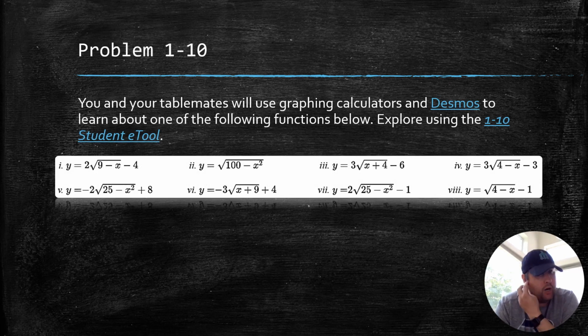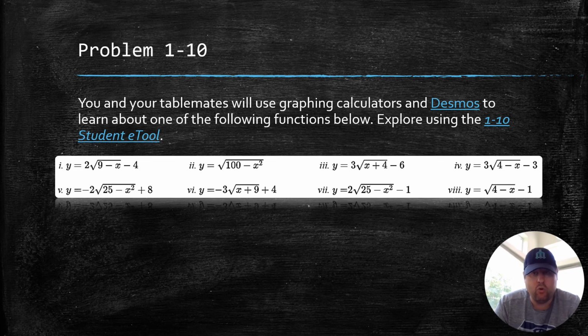Okay, so the problem we're going to look at today is problem 110. And so here is the problem. It says, you and your teammates will use graphing calculators or Desmos. This is a link to Desmos if you are looking at the slideshow on Google Classroom, to learn about one of the following functions below.